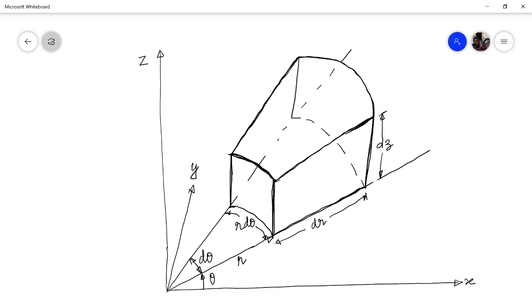Let us say in the radial direction, the mass which is entering is ṁ_r, and the mass which is leaving in the radial direction is ṁ_(r+dr).